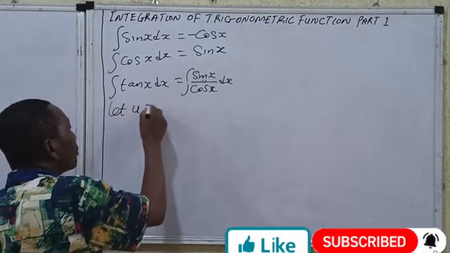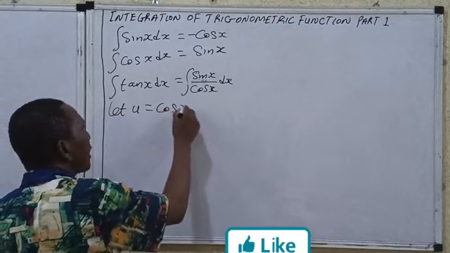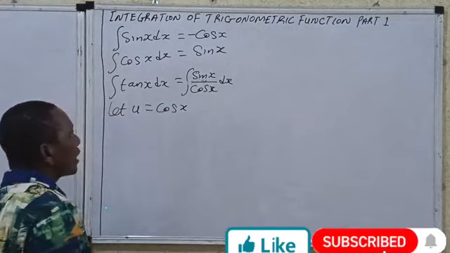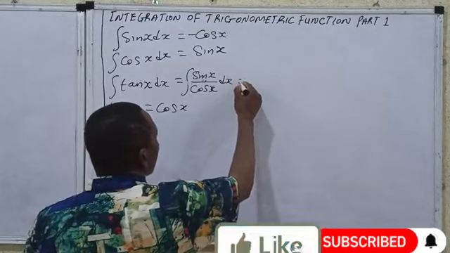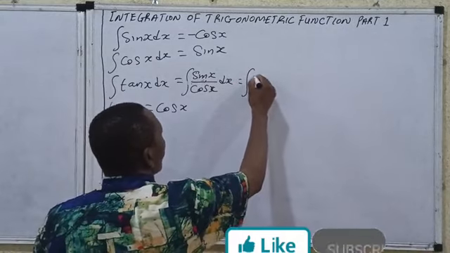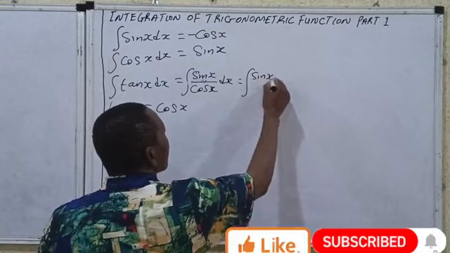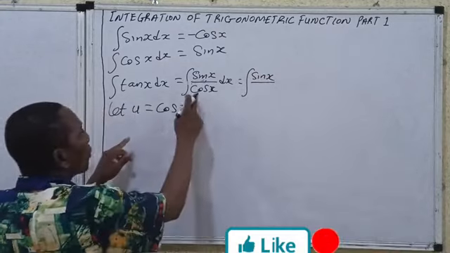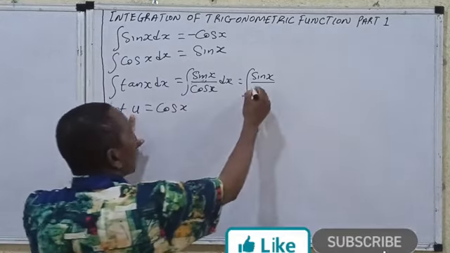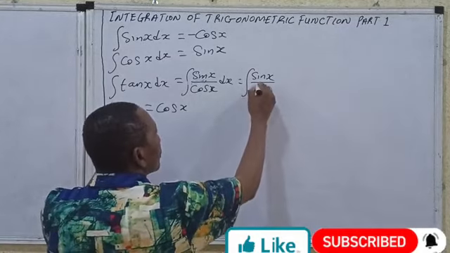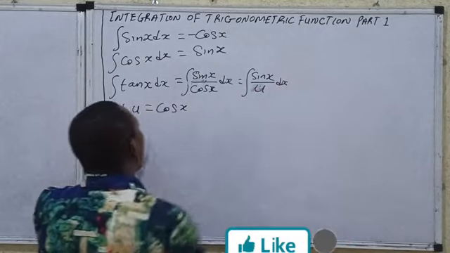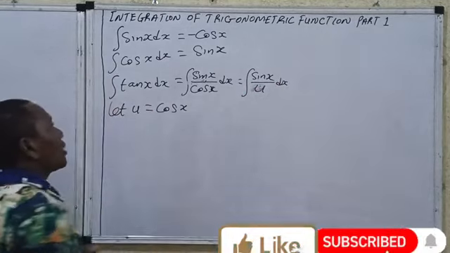Let u equal cos x. I have to rewrite this as sine x all over u, dx.